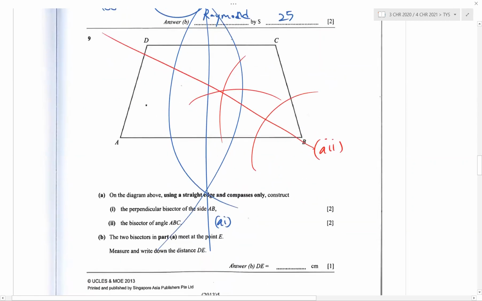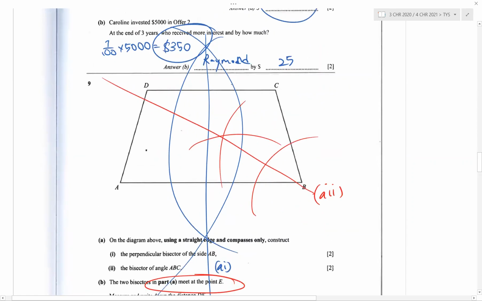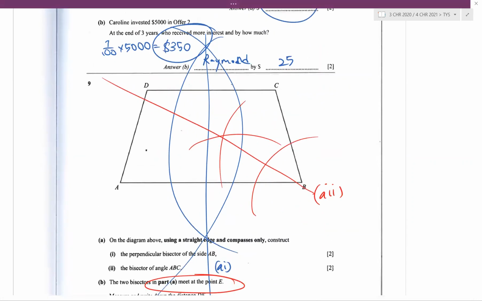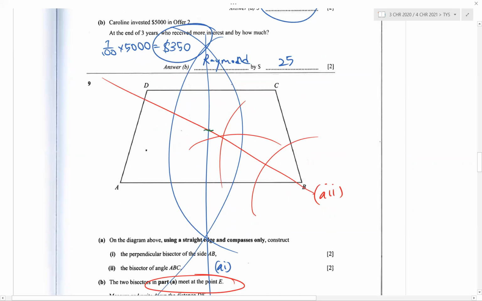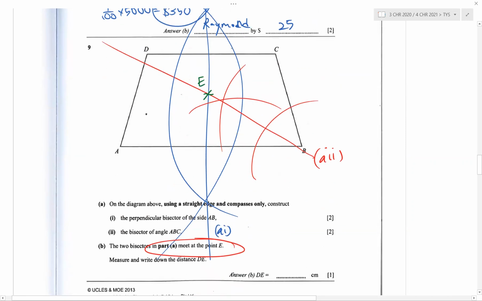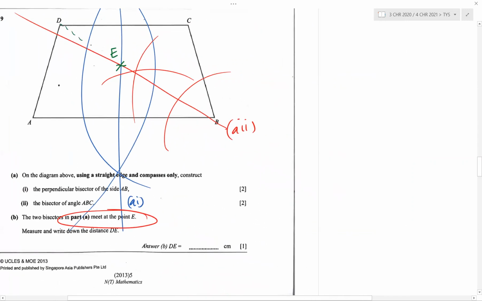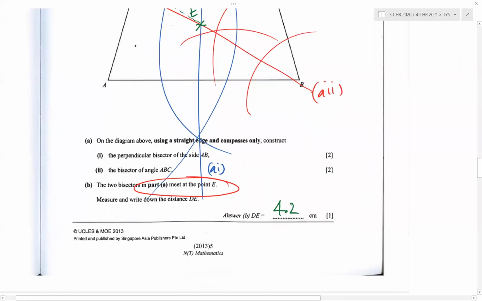And they said that the bisectors meet at point E. This will be our point E. Next one, measure the distance of DE. Go and measure from D all the way down to E. The answer is 4.2. Your answer key is wrong. The answer will be 4.2.